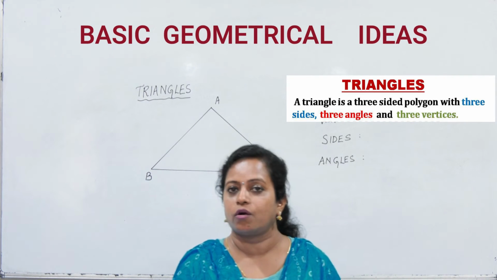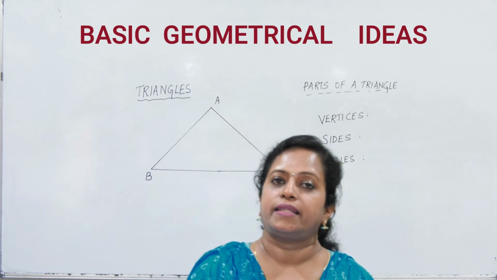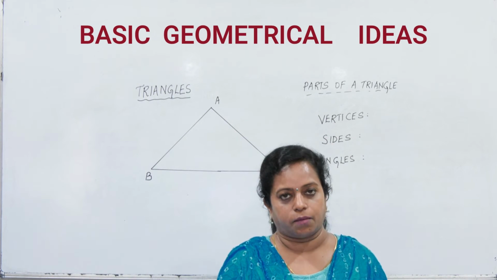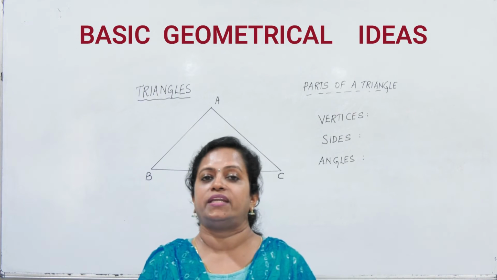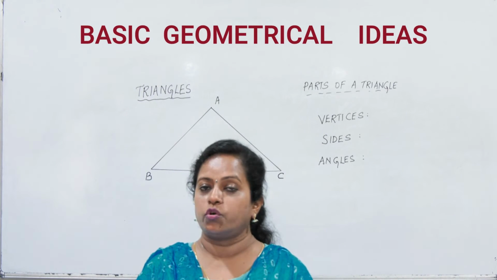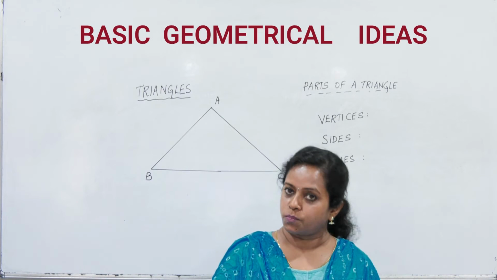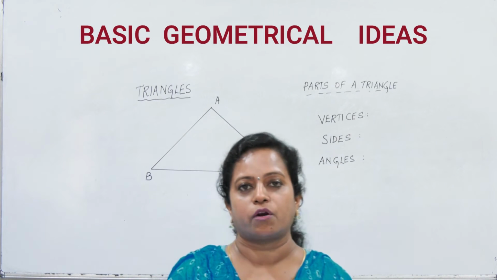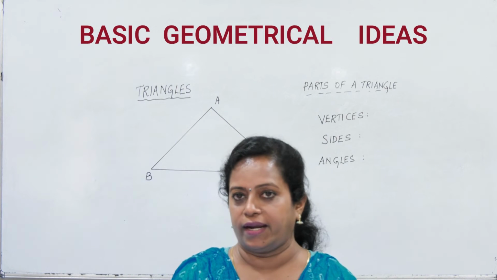We learnt about polygons in the previous class: closed curves made of only line segments, and we need at least 3 line segments to form a polygon. So a triangle is the polygon made with the minimum number of line segments, that is 3 line segments.